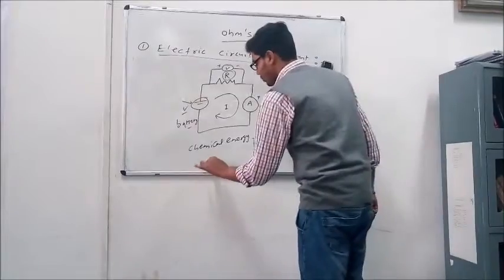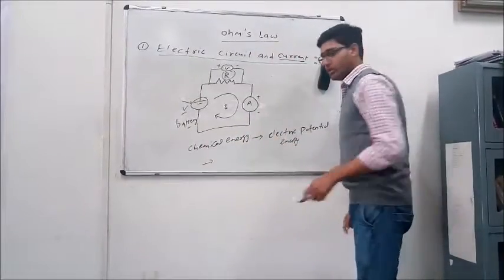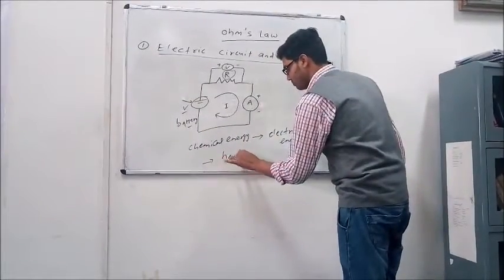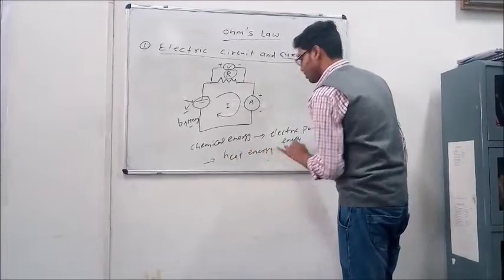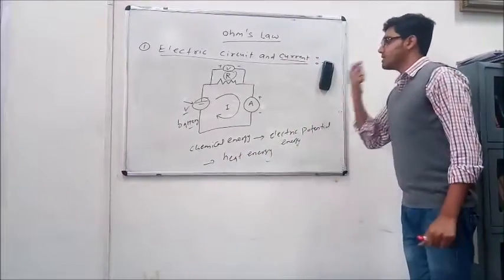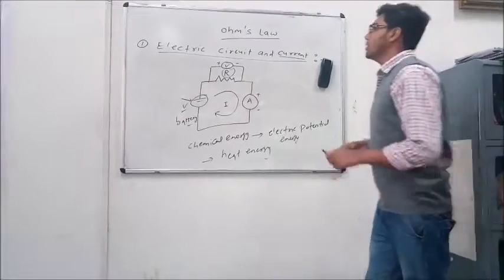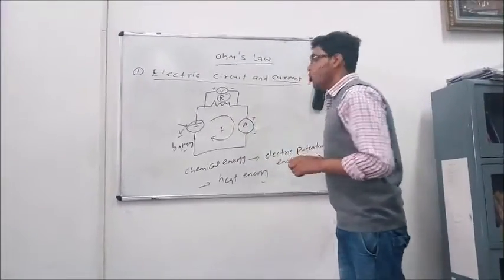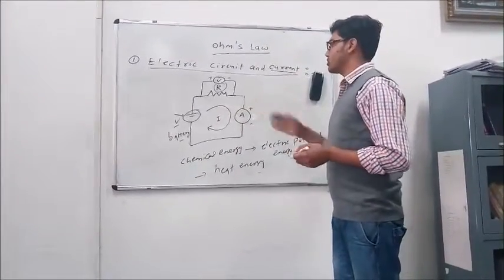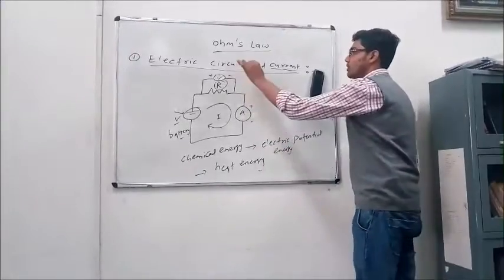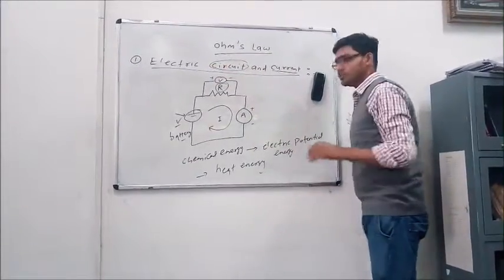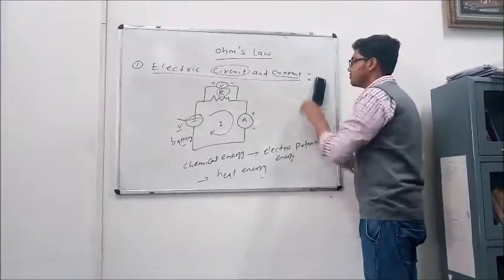And again electric potential energy is going to convert into the heat energy. So we'll discuss later more about this one, but the second topic is the Ohm's law. Basically we had started the Ohm's law to understand. Before that we need to understand the electric circuit. That's why we had explained this.